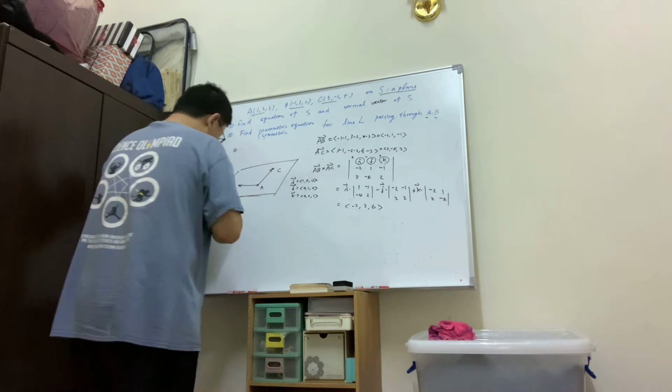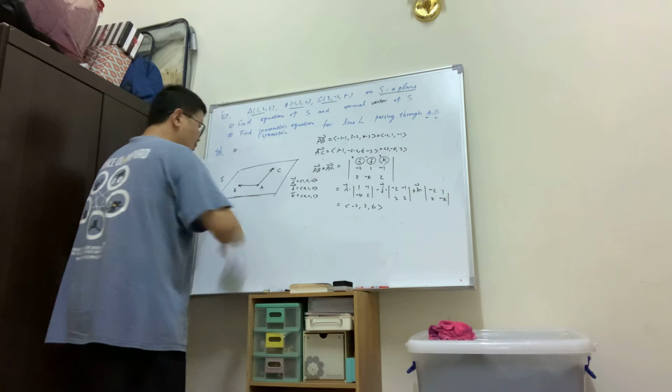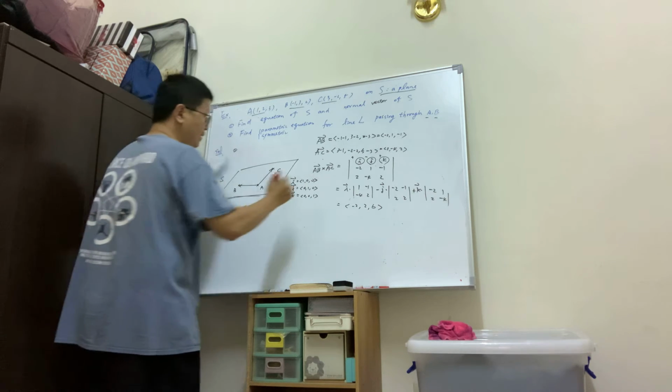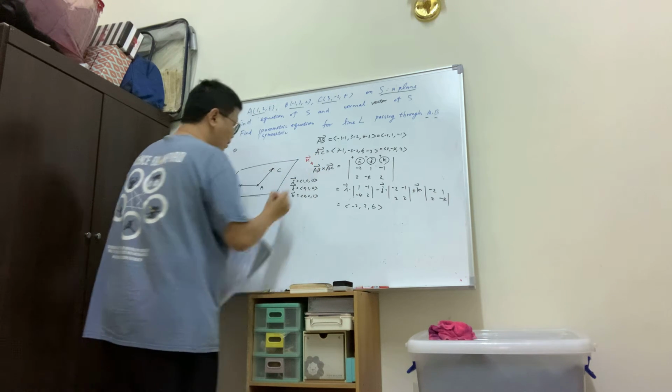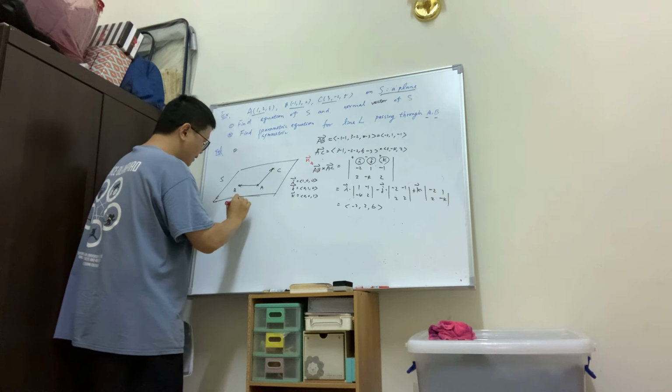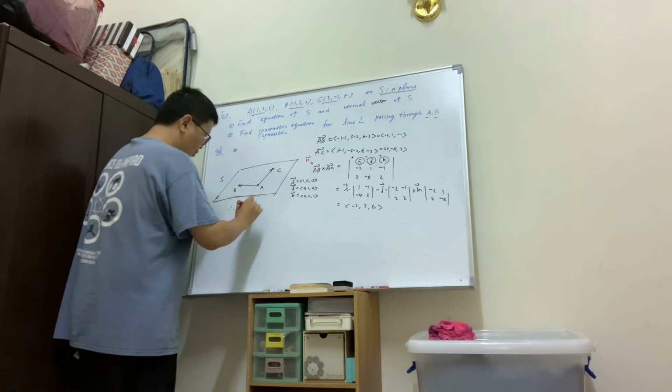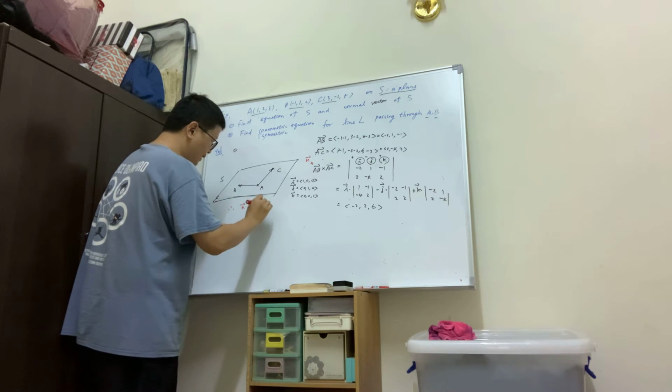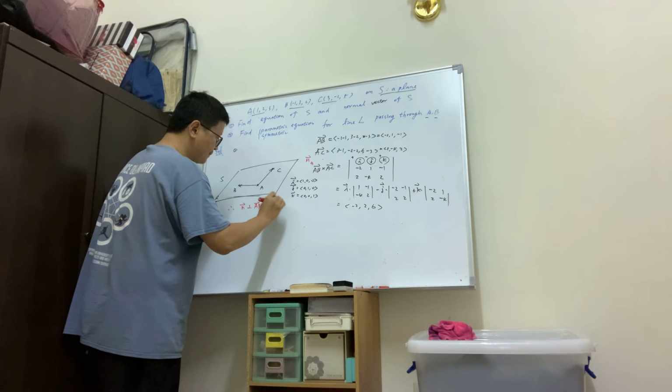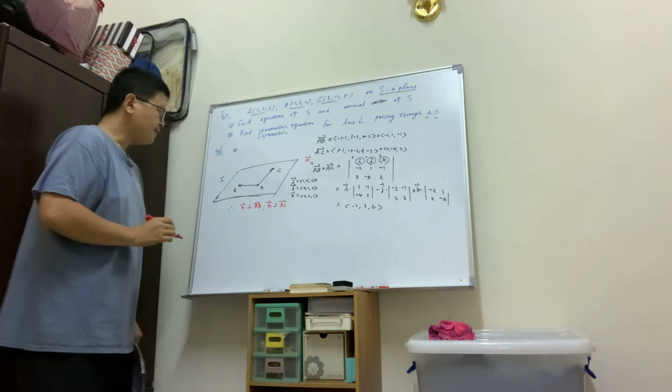For this vector, we could denote it by n. So n is orthogonal to AB, and it is also orthogonal to AC. Then what can we say?